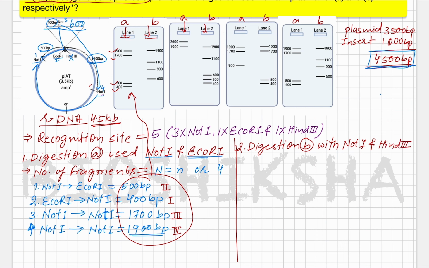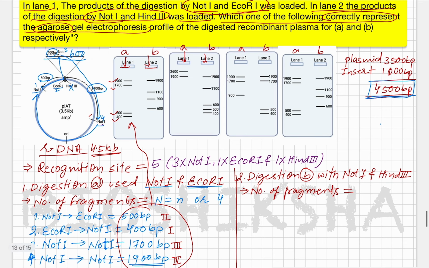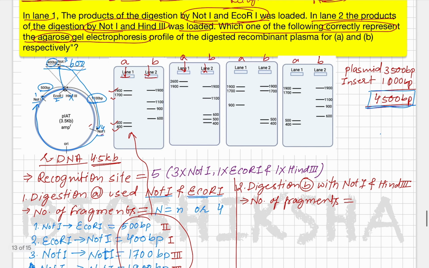So how many fragments will be produced? Let us see. The number of fragments will be equal to the number of recognition sites. So in this case, let us see the number of recognition sites.